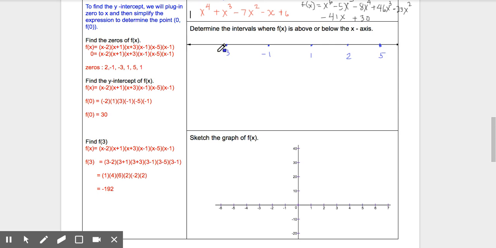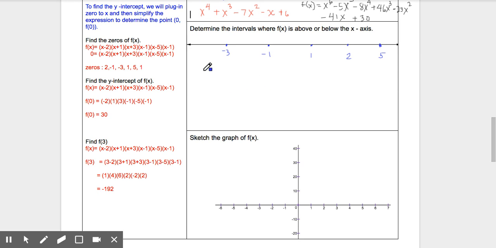Right. So what happens is there are now 1, 2, 3, 4, 5, 6 intervals formed after we put these x-intercepts.